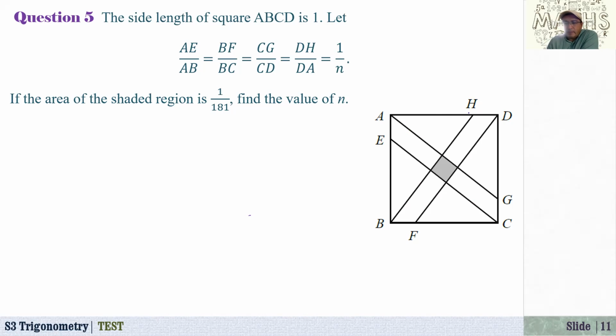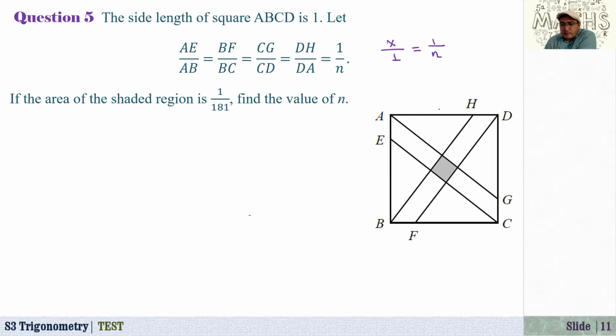All right. Let's say this one is X, so this should be 1 minus X. So from here, DH over DA, that's equal to 1 over N. If it is X, it should be 1 minus X. What about if I label like this?